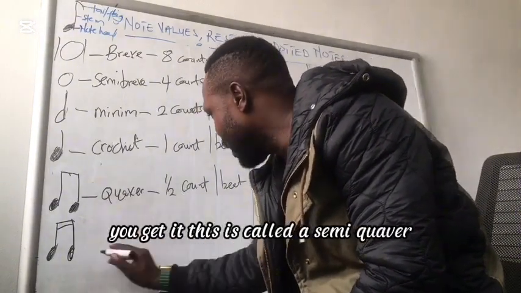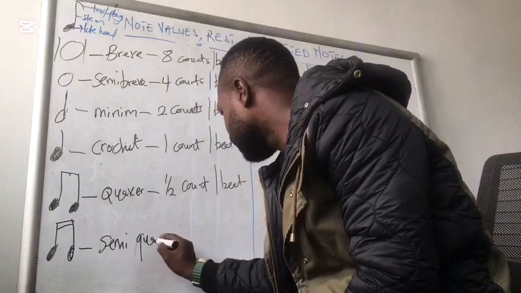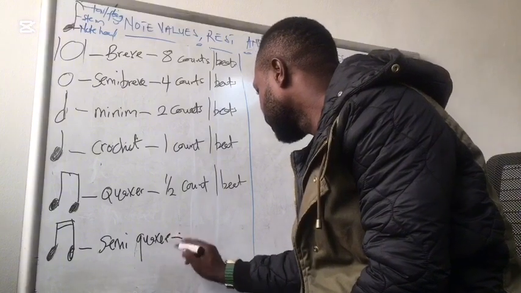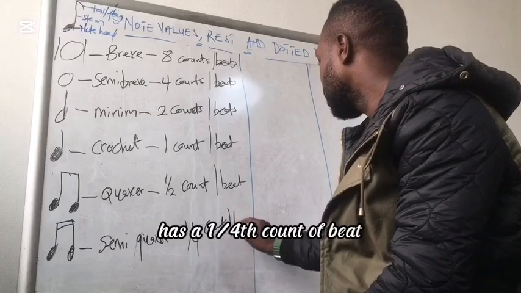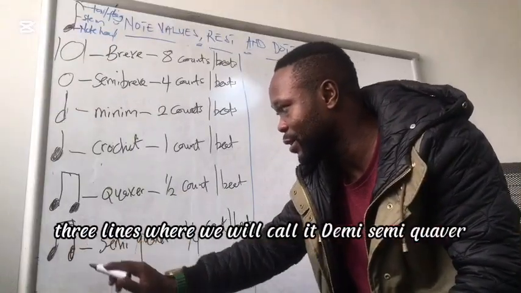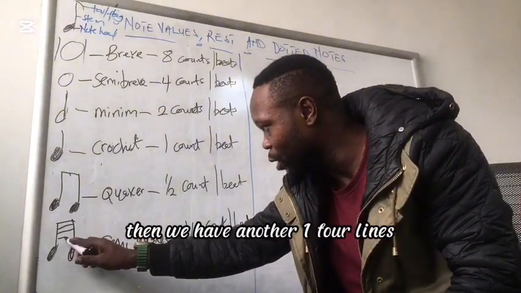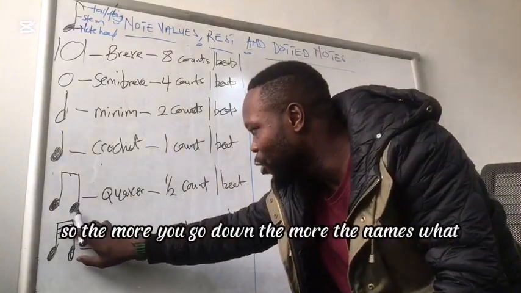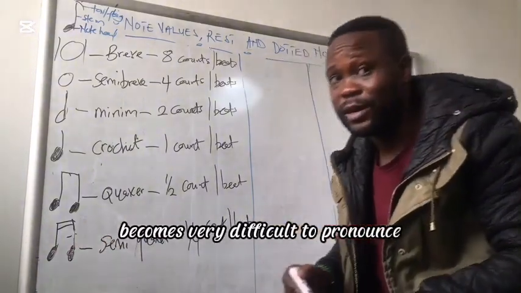This is called a semiquaver. It has a 1/4 count or beat. The next division will have 3 lines, which we call a demisemiquaver. Then we'll have another one with 4 lines, which we will call a hemidemisemiquaver. So the more you go down, the more the names become very difficult to pronounce.